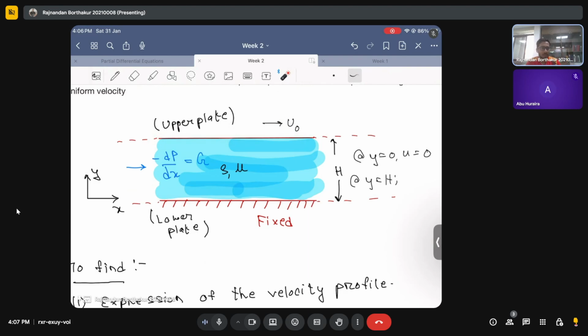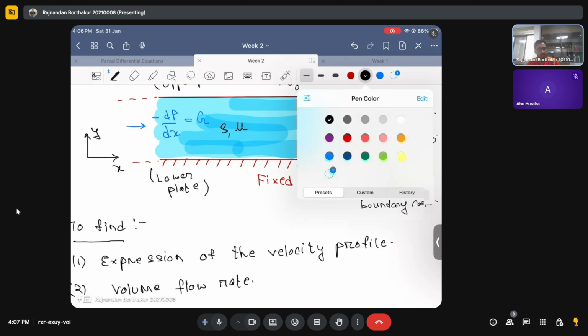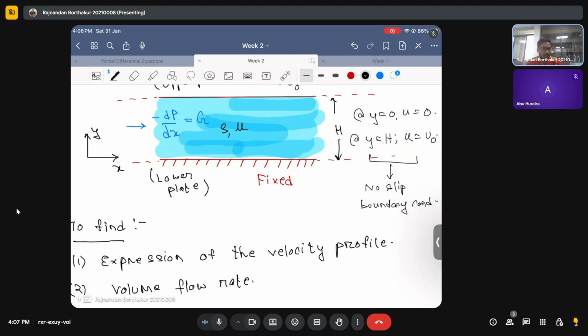So u at y equal to h is going to be equal to u naught. These are what we get from the no slip boundary condition, and we just require two conditions to evaluate the two unknowns C1 and C2, right?